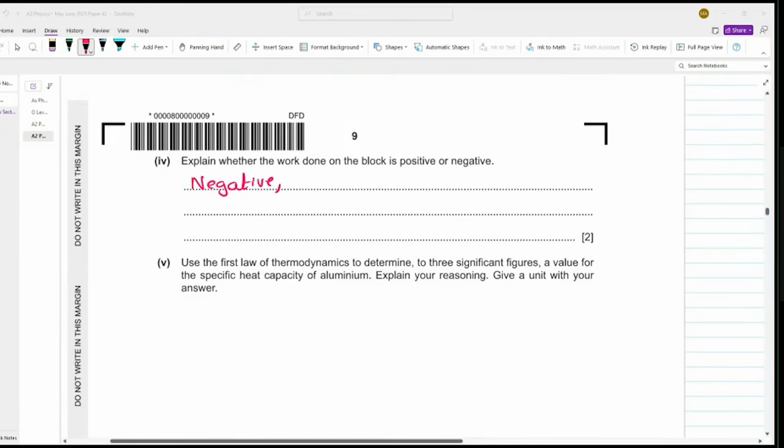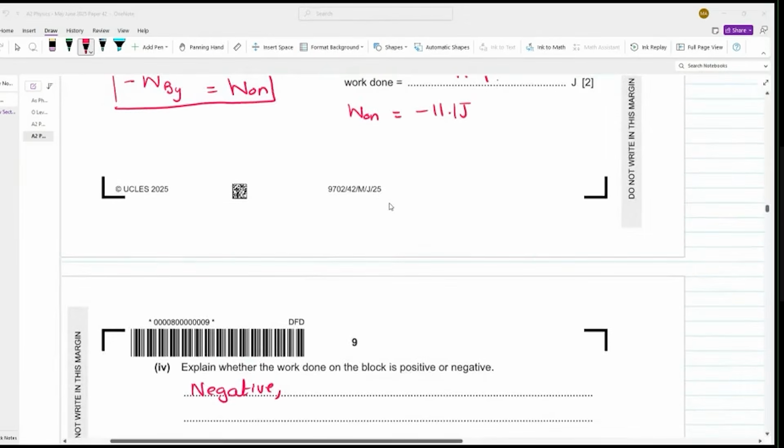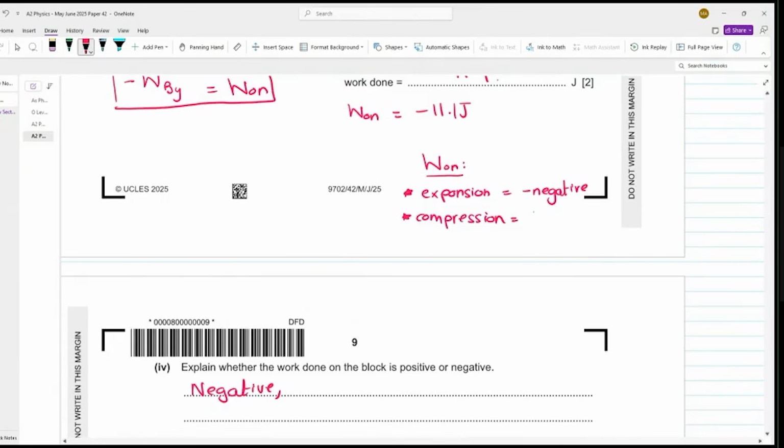Always remember, for work done on the gas, if your block or gas is undergoing expansion, it will be negative. And if you are undergoing compression, your work done on the gas will be positive.